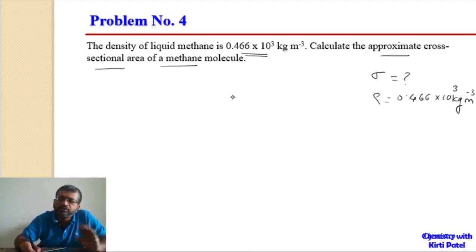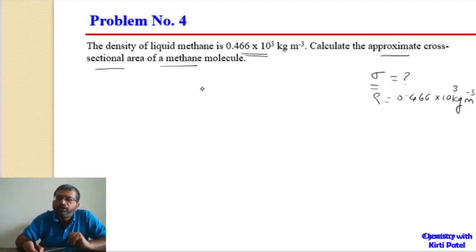This is very similar to the last problem. Here we just have to calculate sigma rather than the surface area, because the volume at STP or NTP is not given, so we cannot calculate surface area, but we can calculate the sigma value of methane molecules.